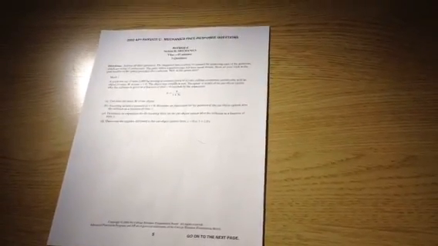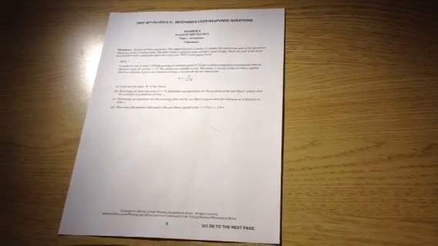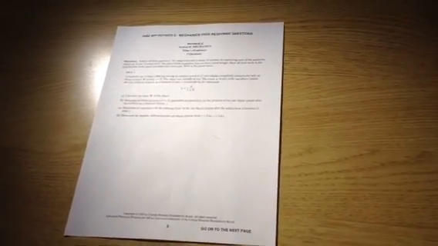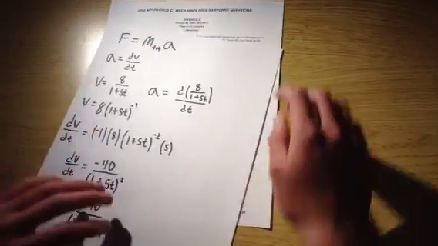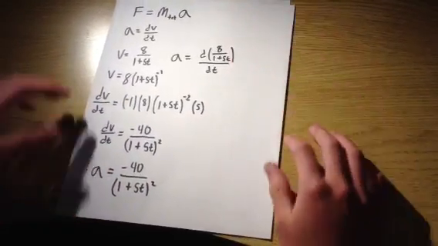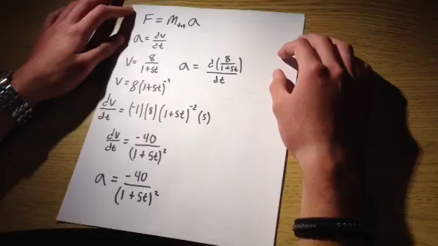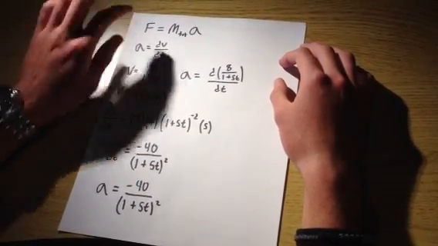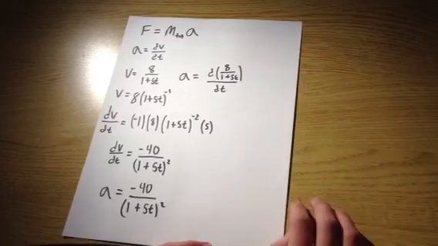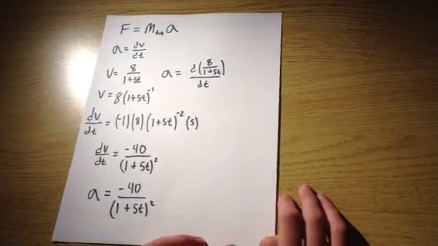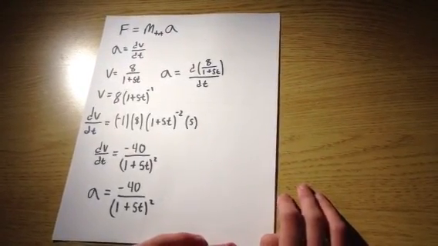Part C says determine an expression for the resisting force on the car object system after the collision as a function of time t. So obviously we know that F equals ma, with the total mass giving us the total force. And again, acceleration is the derivative of velocity.